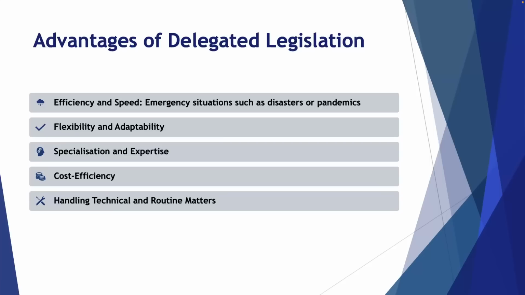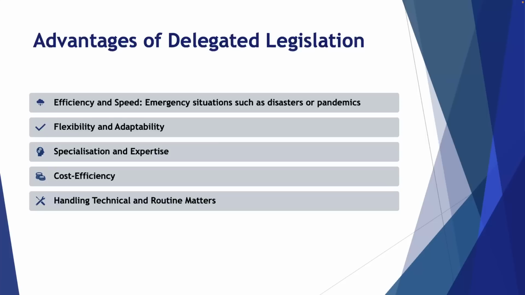It also has the advantage of handling technical and routine matters, so things like setting specific fees, defining administrative procedures, establishing quotas or regulated activities. All of these things can be done through delegated legislation and allows for these types of rules to be created without needing to clutter the parliamentary agenda with minor technicalities.